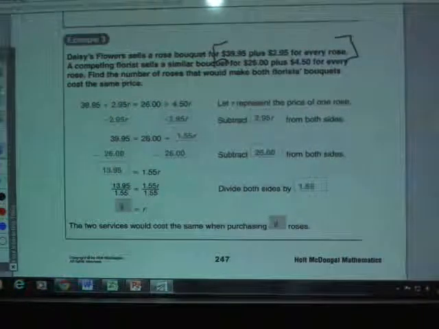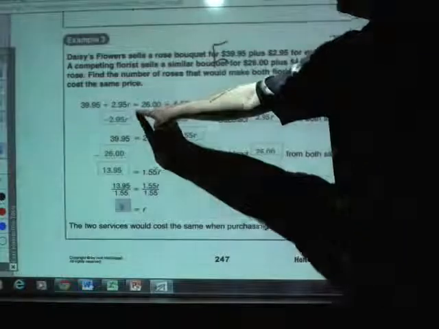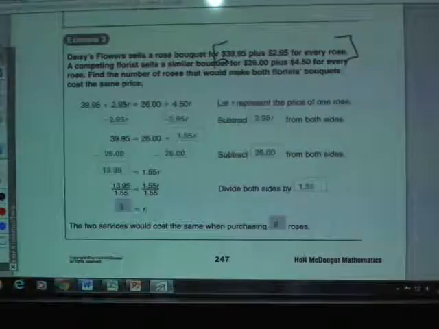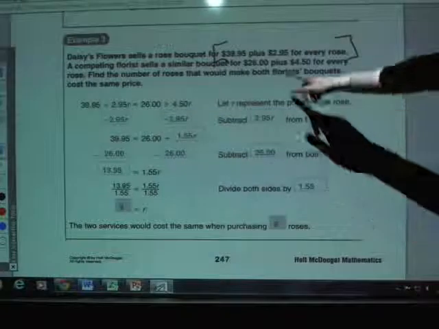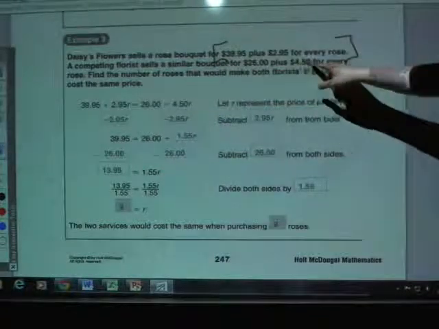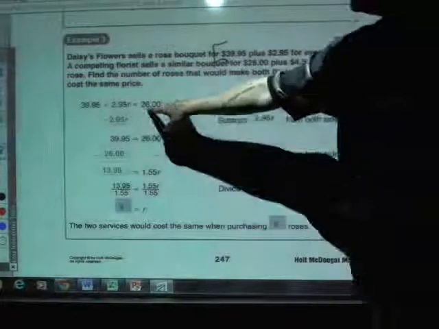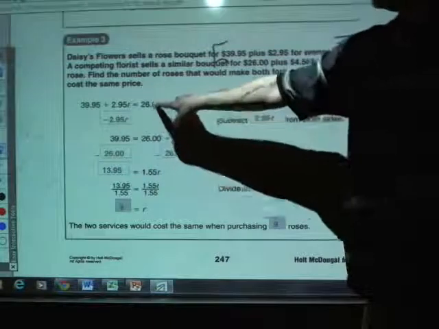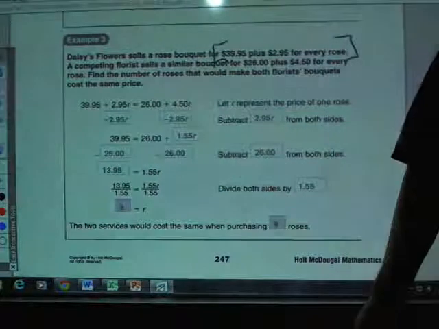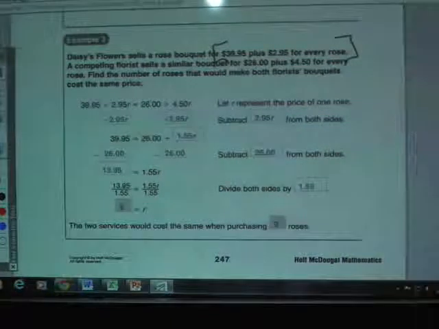Now the question wants to know, when would that amount be equal to, which is why the next thing you say is an equal sign there, the competing florist that sells them for $26 plus $4.50 for every rose, which is exactly what this side says, $26 plus $4.50 times the number of roses. So we're going to solve that equation, and since they're asking me when are these two things equal, that's of course again why it's an equal sign and how I'm going to end up solving the equation here.